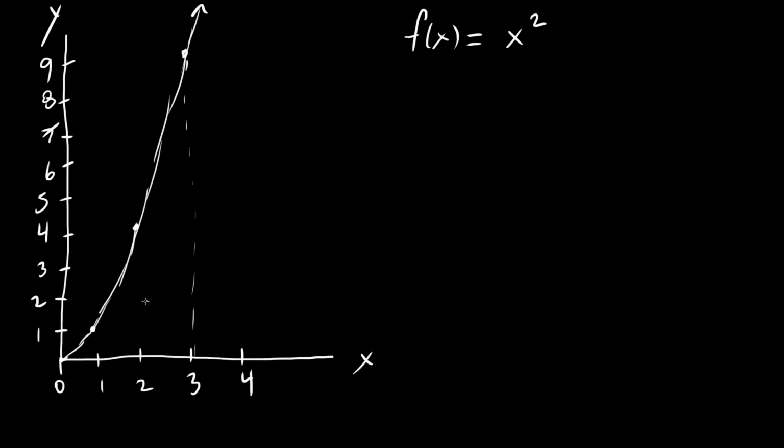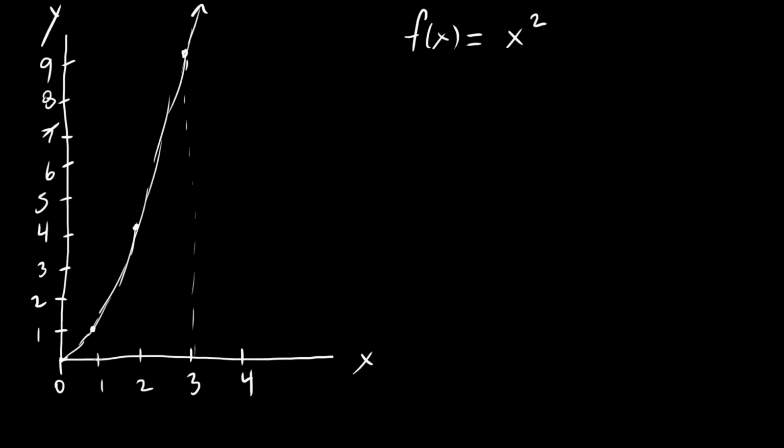One way to do that is to use the Riemann method, the Riemann integral method. This is one method that integrals are modeled after. And what this method does is split this function into rectangles and then take the area of those rectangles. So let's say that we make a rectangle from 0 to 1. That's the width of the rectangle. And then we want the height of the rectangle to be on the right side of the x value that we take the width from.